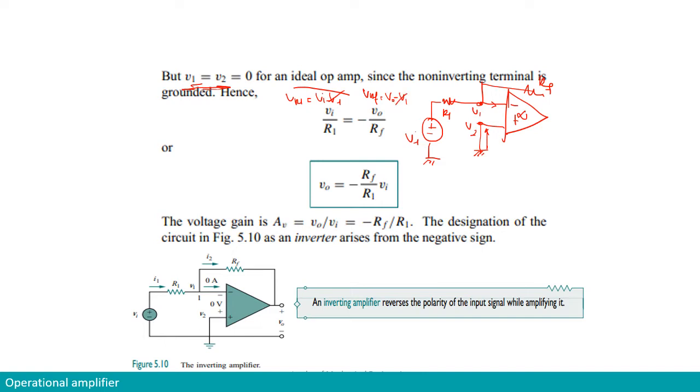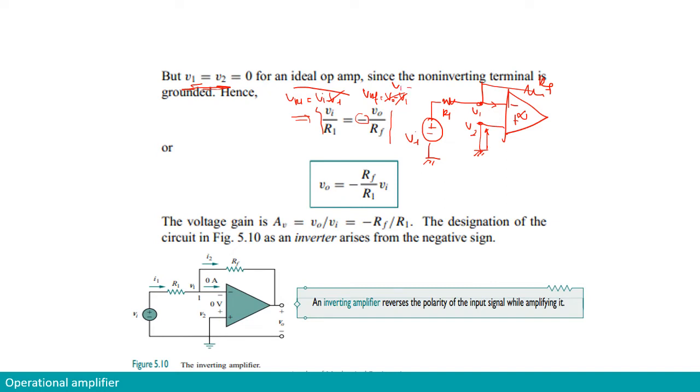So now the equation has become Vinput over R1 equals minus V0 over RF. So where do we get this minus V0? I have an error here. It's not V0 minus V1.